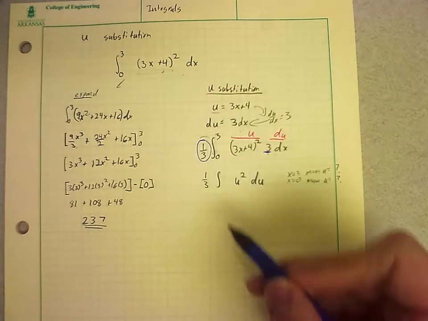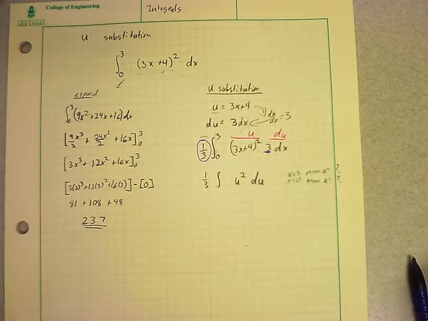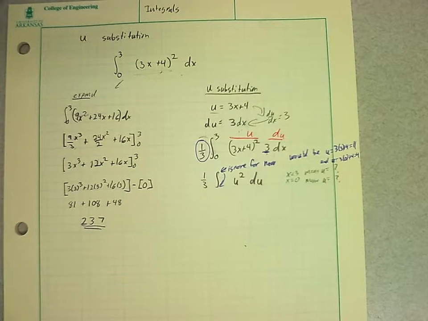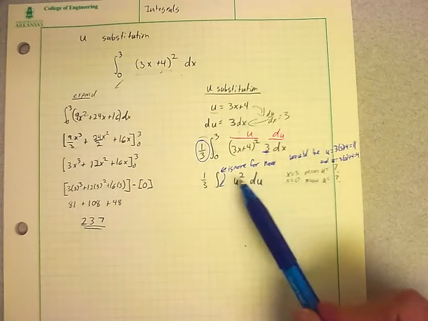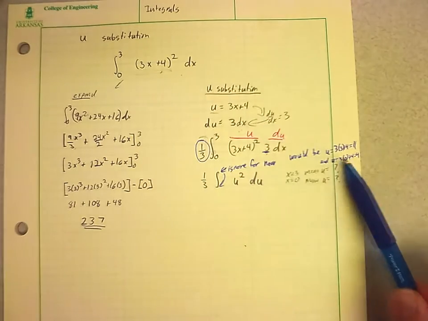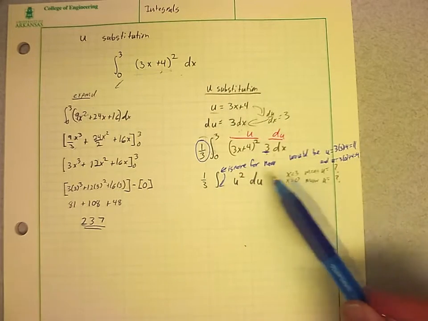So I'm ignoring these for now because it's not important. I'll get back to using x's by the time I want to evaluate the function. But if I had to, I would plug those x values into my u function, and I would actually be going from 4 to 11 on the u scale.